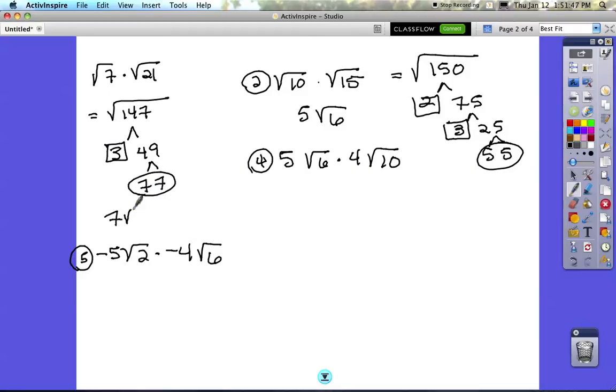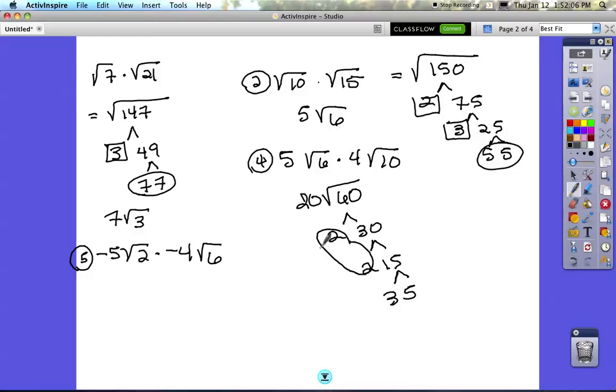So it's 7 square roots of 3. Okay, number 4. 5 times 4 is 20. Square roots of 60. That's 2 and 30. 2 and 15. 3 and 5. I have a pair of 2s. Move it to the outside. So that becomes 40 square roots of 15.